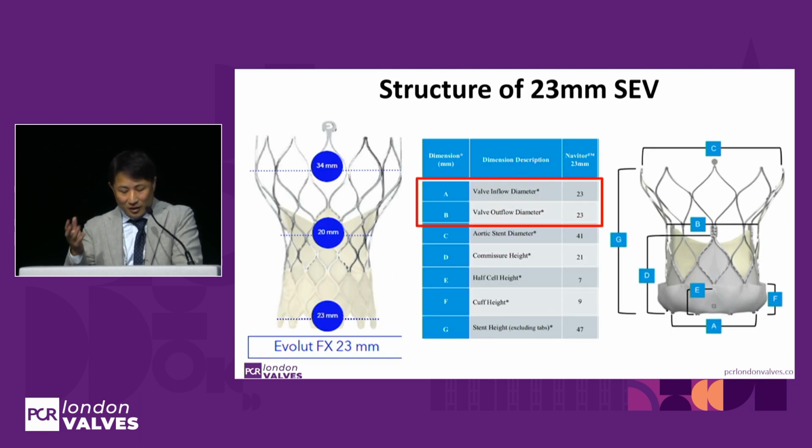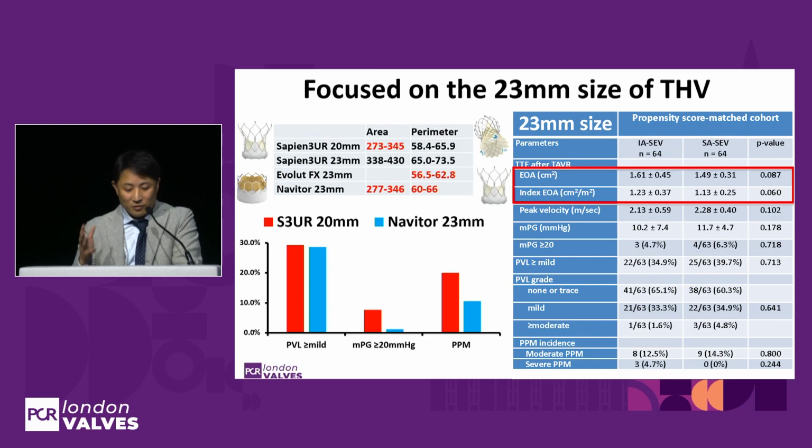And again, I would like to show the importance of the design of the bioprostheses. If we choose a supraannular design self-expandable valve, the distal part is 23, but the waist is 20. But in the intraannular design, called Navitor, the distal part is 23, and the outflow is also 23. The difference is that we focus on the 23 millimeter size of the THV.